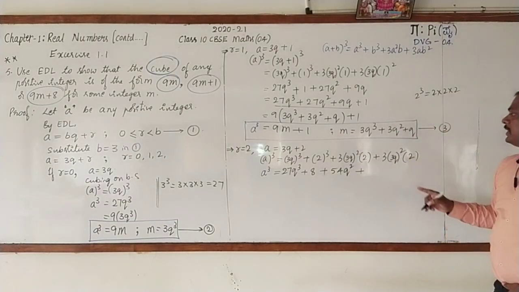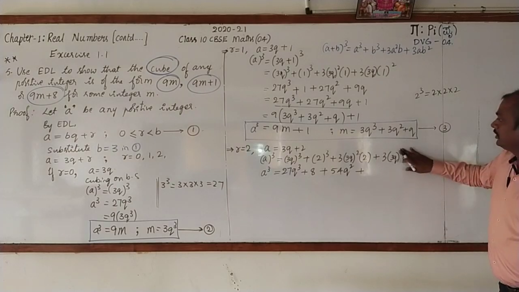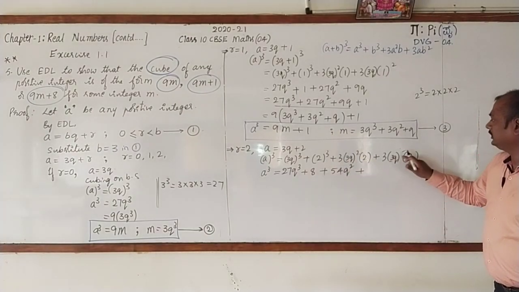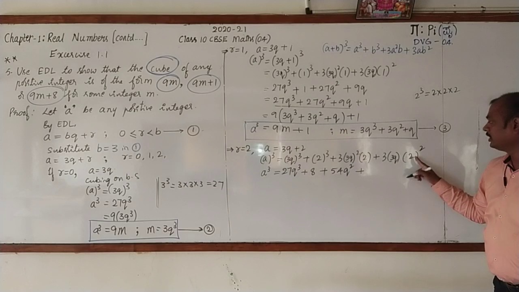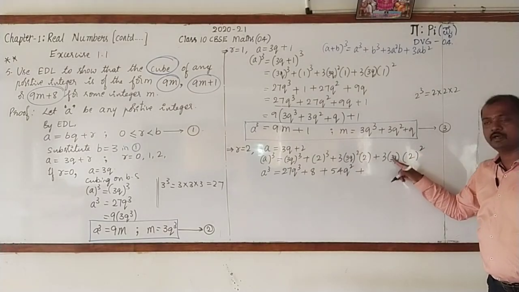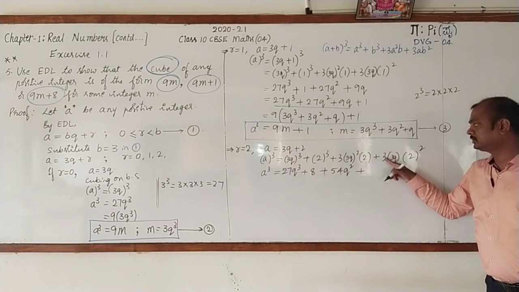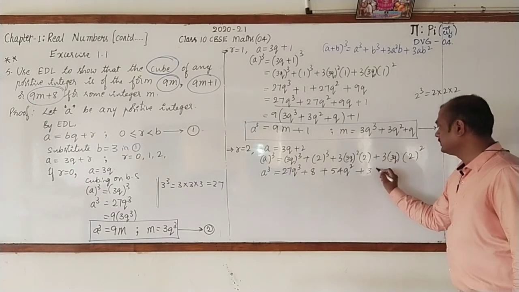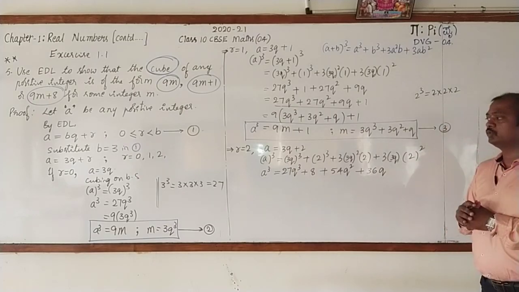Plus, here also first apply. It is 3a square b, 3ab square. Now, apply square to 2. 2 square is 4. 4 3s are 12. 12 3s are 36. q only.